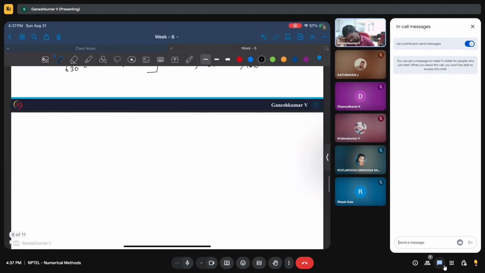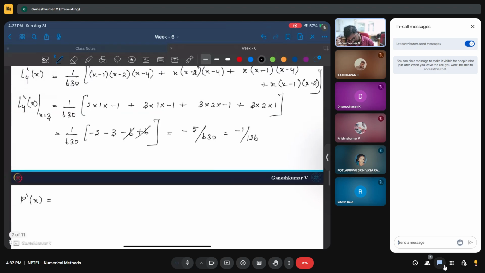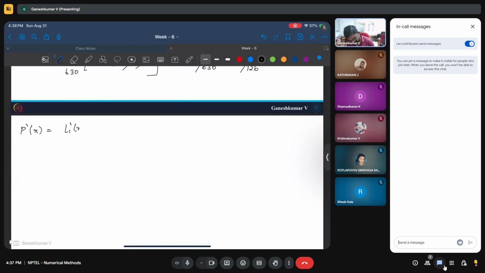Now let's assemble. So p dash of x at x equal to 3 is going to be L1 dash of 3 into f of x1, L2 dash of 3 into f of x2 plus L3 dash of 3 into f of x3 plus L4 dash of 3 into f of x4.